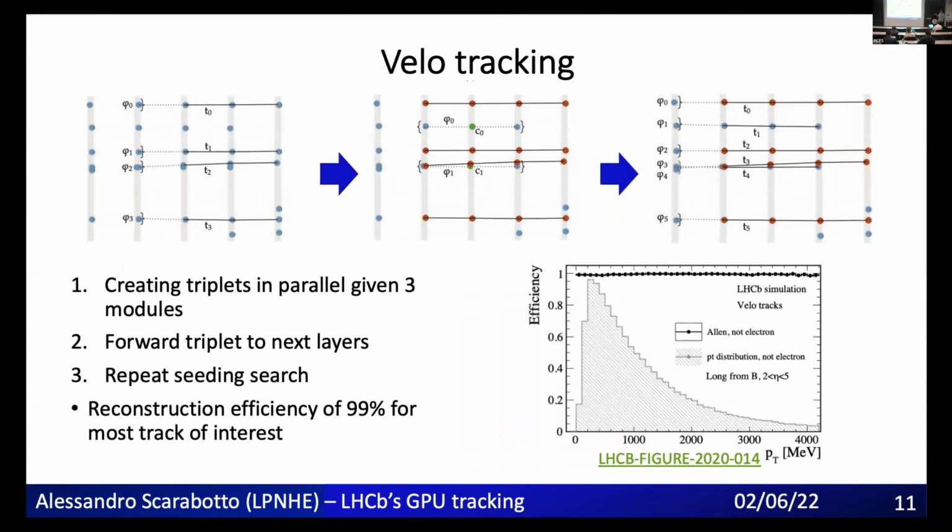And to show you the sequence of velo tracking, we create the triplets given 3 modules like this, and then we try to forward the triplet to the next layers. And then we repeat this search looking for the other triplets and extrapolating them again. And with this method, we have a reconstruction efficiency of 99% of the tracks of interest for LHCb, which is really nice and really important.